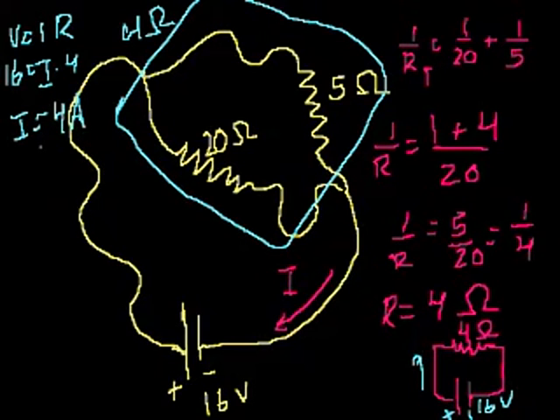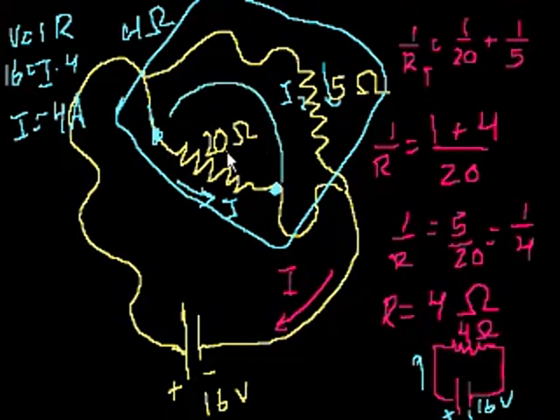So let's do something interesting. Let's figure out what the current is flowing through this. What's the current I1? And what's this current, I2? Well, we know that the potential difference from here to here is also 16 volts, right? Because this whole thing is essentially at the same potential, and this whole thing is essentially at the same potential.